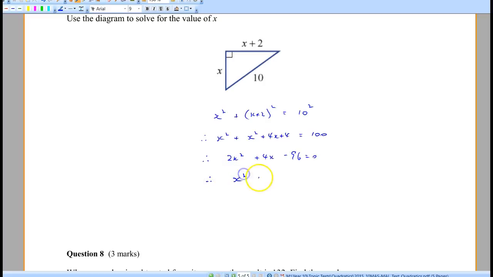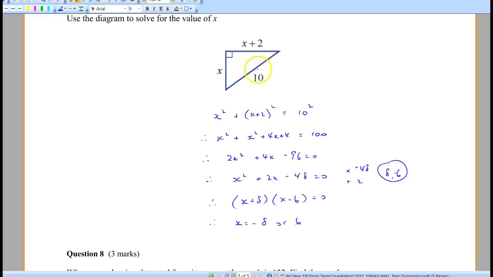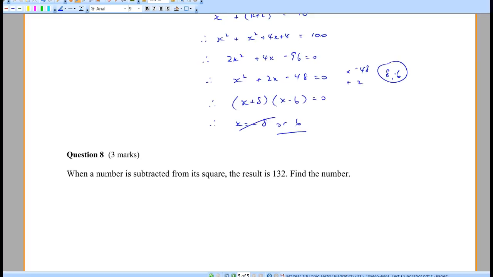So we divide through by 2 and we get this. I remember this one from the exercises. It's 8 and 6 with the 6 being negative. So therefore we get x plus 8, x minus 6 as our factors, and therefore x is equal to minus 8 or 6. x can't be equal to minus 8, so x is equal to 6, and we've solved. Just make sure we're answering the question.